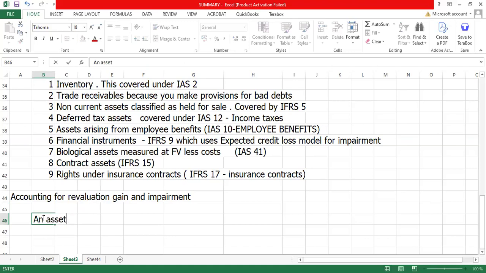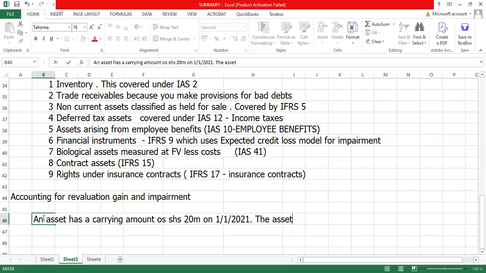Take note. Let me just say an asset has a carrying value of, let's say, shillings 20 million on 1st January 2021. Let me just say that the asset was revalued to shillings 30 million on the same date.